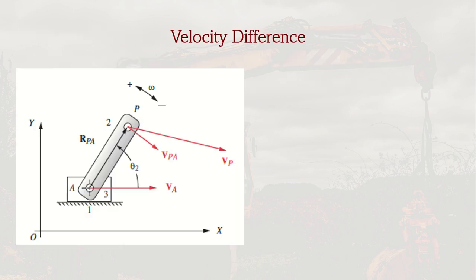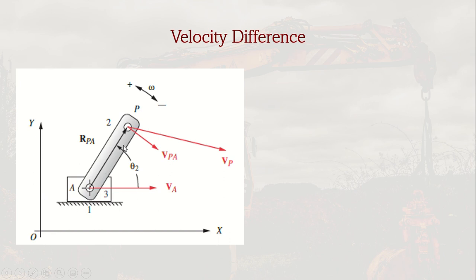To illustrate velocity difference, we have here the velocity of A and the velocity of point P. Since A is a slider crank, it will be guided by this ground to move in this path here, as you can see.